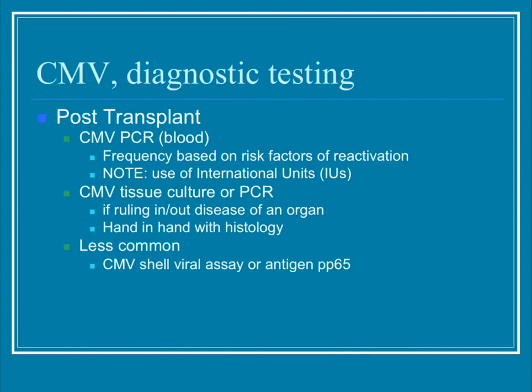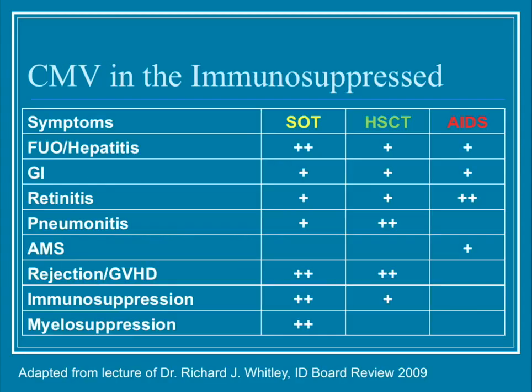Diagnostic testing, most places are now using international units, though you have to be savvy about what your particular facility is using. There are some, at least older papers, that talk about antigen PP65. This is an awesome lecture from Dr. Whitley, comparing and contrasting CMV in immunosuppressed populations.